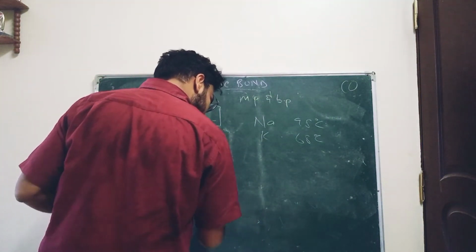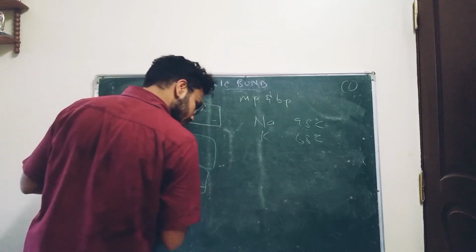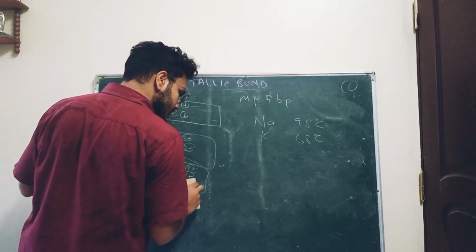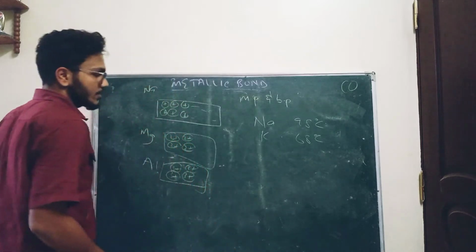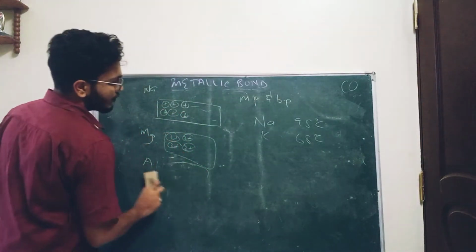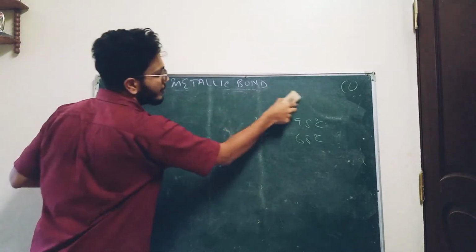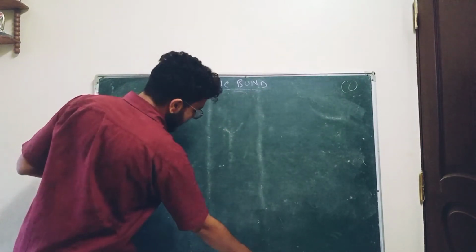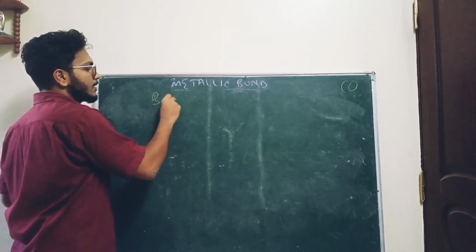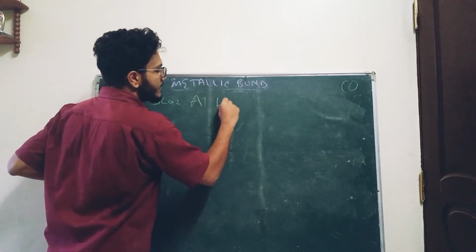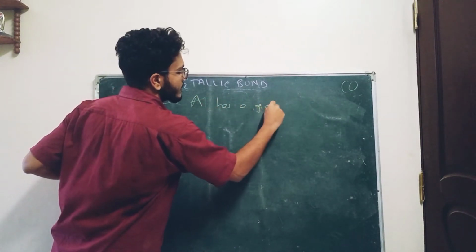Metals consist of many metallic atoms arranged in a regular manner in a metallic lattice. They form a giant metallic structure. So if you are asked, why does aluminium have a high melting point? This is because aluminium has a giant metallic structure.